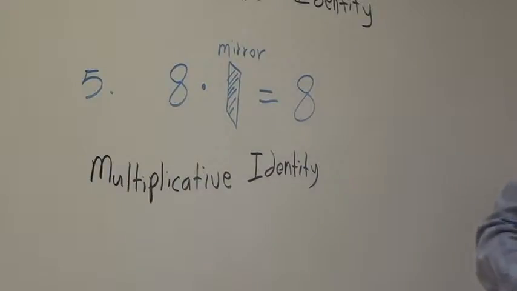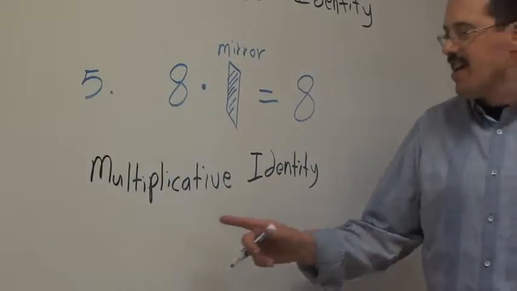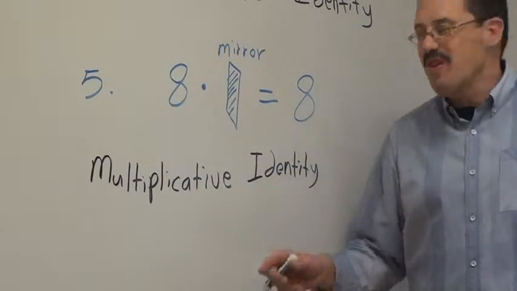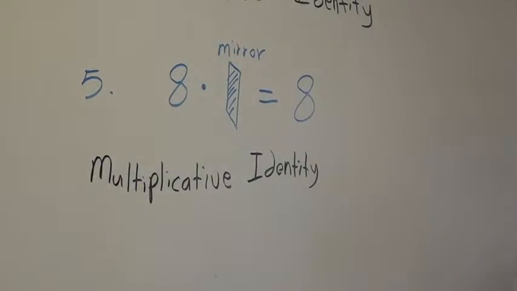Say it differently. Caleb first. Close. Zach? Good try. Close. Last one. Multiplicative. Your mom's going to hear that on the video. Okay. Multiplicative.